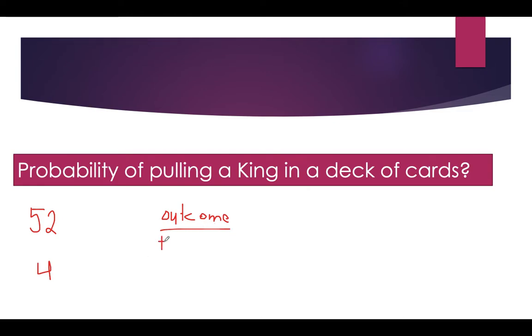But if we're talking about the outcomes we're interested in, divided by total outcomes, I have 4 different kings that I'm interested in pulling. So my outcomes would be 4. And in that deck, there are 52 cards. So my probability is 4 out of 52, which I could simplify as 1 over 13.